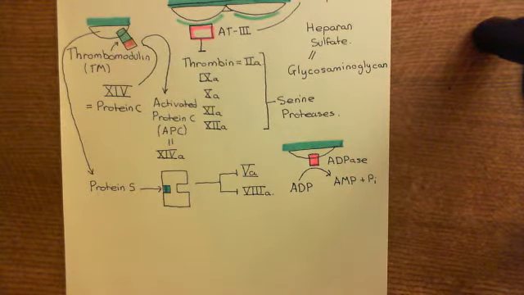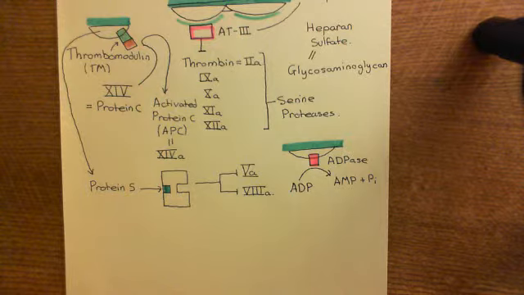Now let's talk about another mechanism. We'll now talk about two molecules which are very important for stopping platelets from aggregating and also stopping blood vessels from constricting, because remember, the vasoconstriction is also an important part of this.